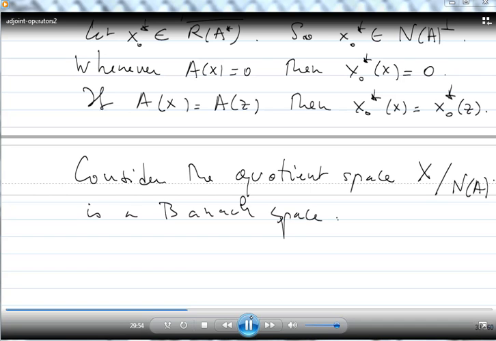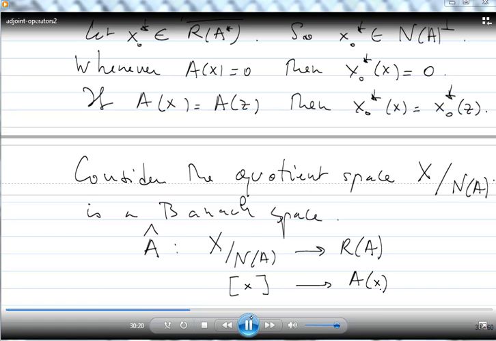Okay, great. So now we take the operator as we did once before, from the quotient space into the range of A. So if you take x here, the class of x, we take A of x. One will argue, what about the representative little x there? What if I take another one?